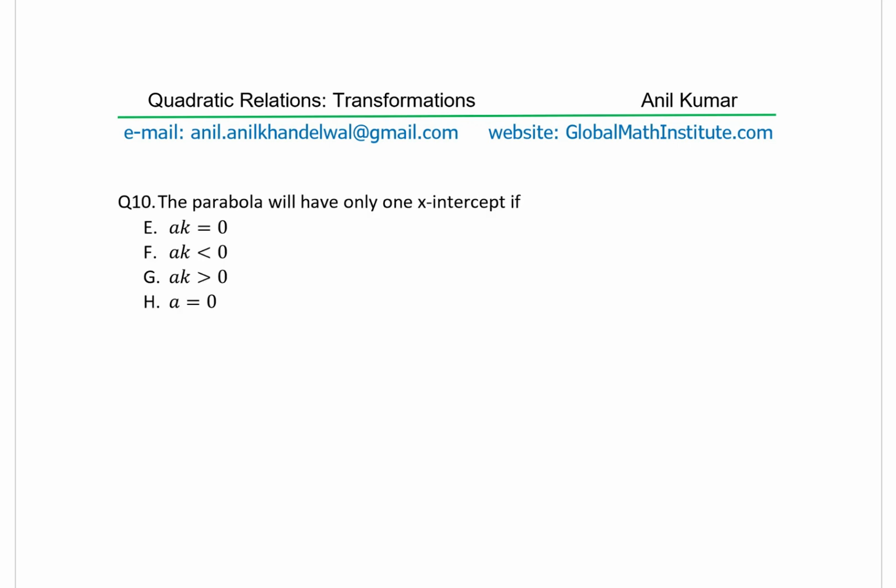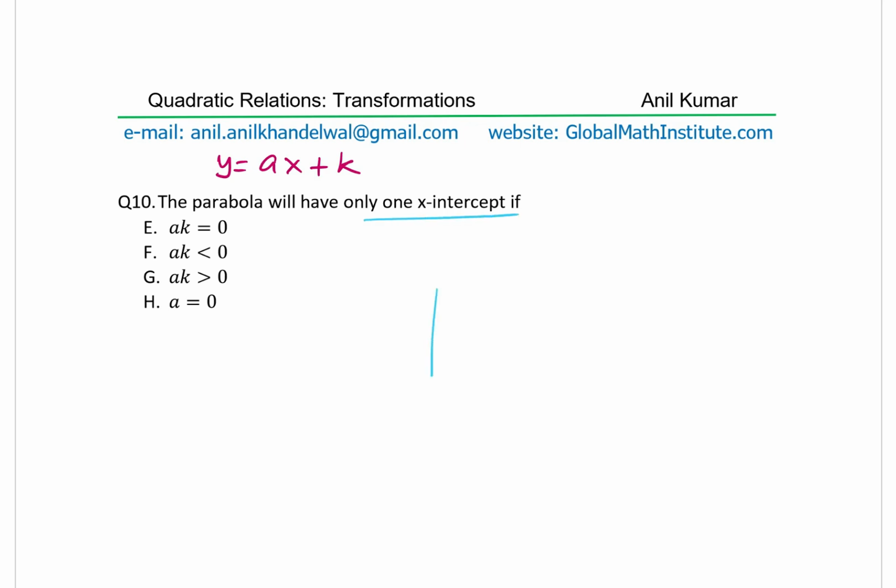Let's see the next question. 3 more to go. Question number 10. The graph will have only one x-intercept if which of these conditions is true? Well, the equation here is again y equals a(x minus h) whole squared plus k, right? And which condition should be true for having only one x-intercept?